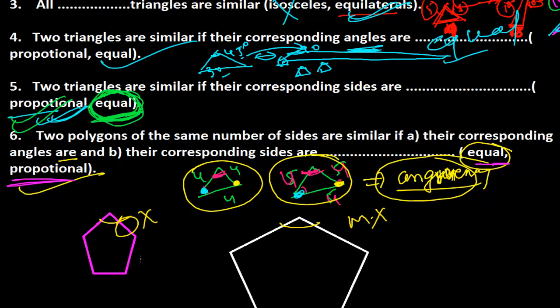If it is y, then it should be m times y. If it is z, then it should be m times z. If it is p, then it should be m times p. If the measurement of this is s, then it should be m times s. It should be in a certain ratio.